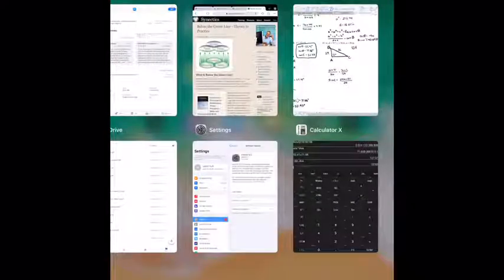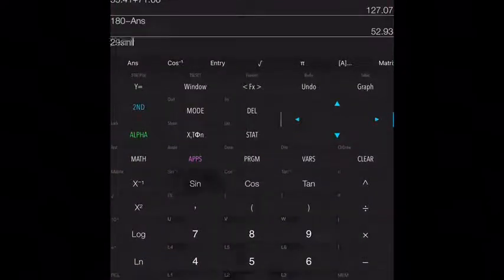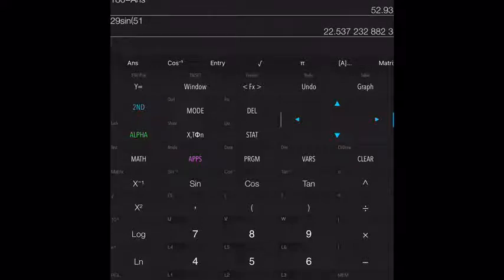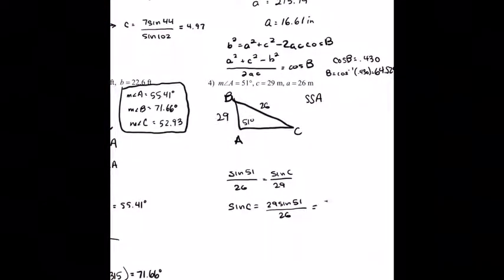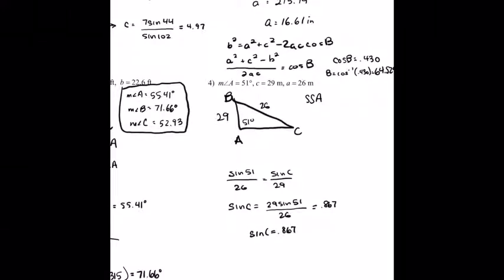So we need to do that computation now. 29 sine 51. So 29 times the sine of 51, and then divide that by 26 and we get 0.866 or 0.867. So sine C equals 0.867. So then use an inverse sine.